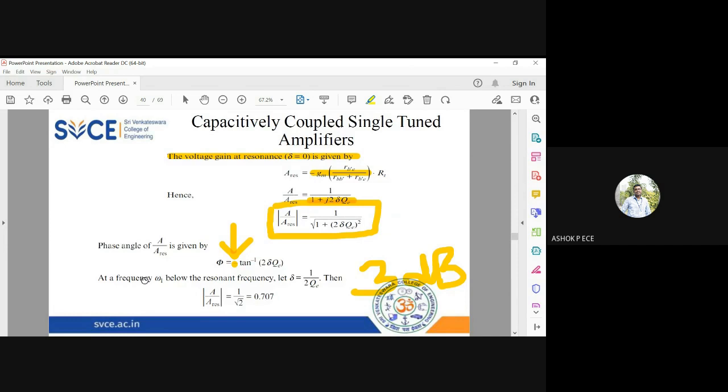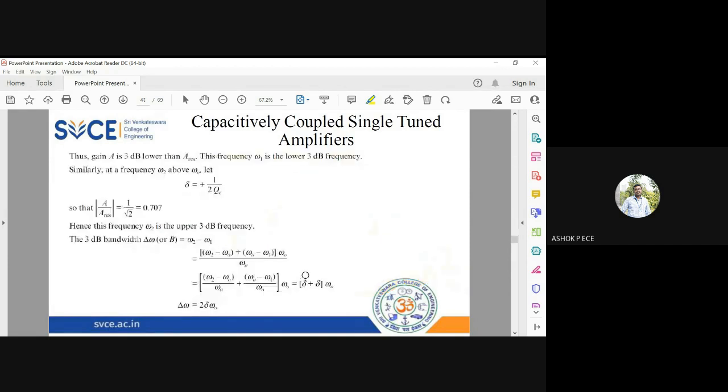Okay, so around the resonant frequency, there are two frequencies, bandwidth omega 1 and omega 2. Omega 1 is called the lower cutoff frequency and omega 2 is called the upper cutoff frequency. At frequency omega 1, the lower cutoff frequency, delta is going to be 1 by 2 QE. Then this term will be equal to 1 by root 2 or 0.707.